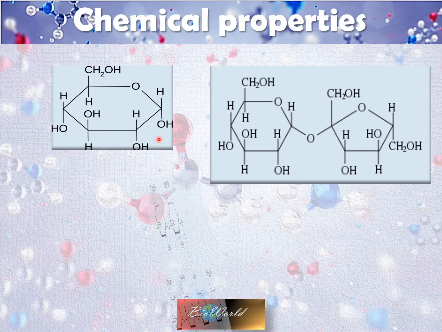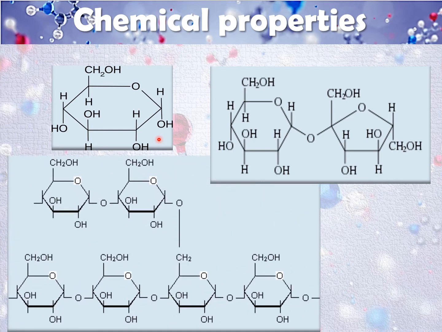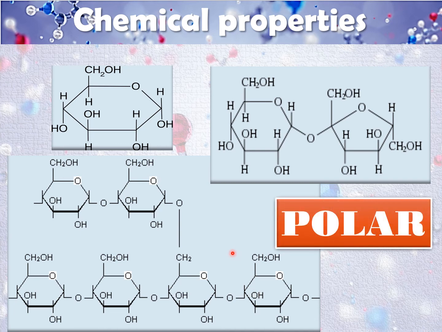And here we see a molecule of amylopectin or glycogen representing polysaccharides. If you notice, each of these molecules is rich with hydroxyl groups. The presence of these hydroxyl groups makes all carbohydrates polar molecules because the oxygens are very reactive.